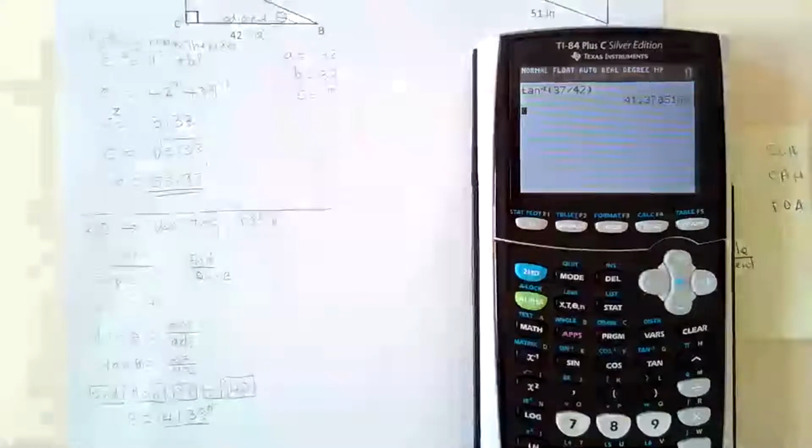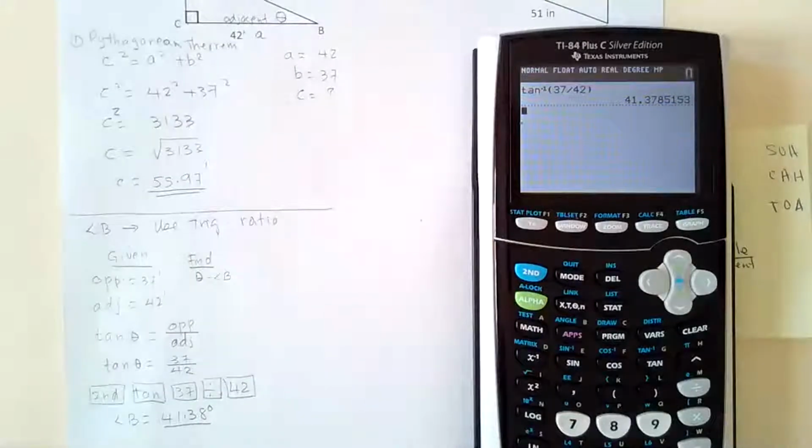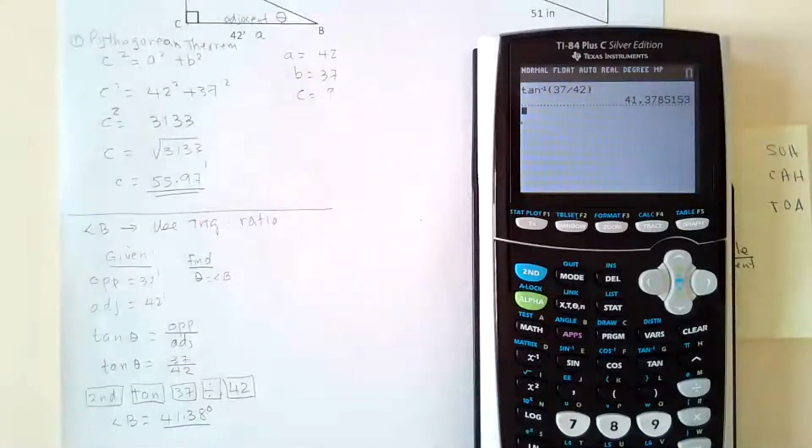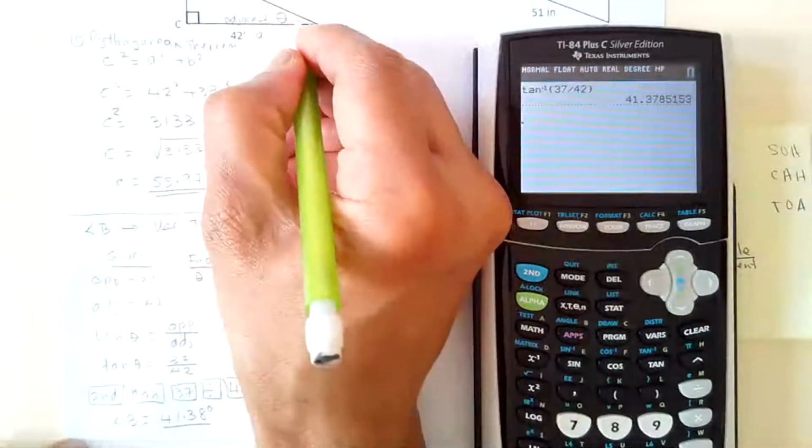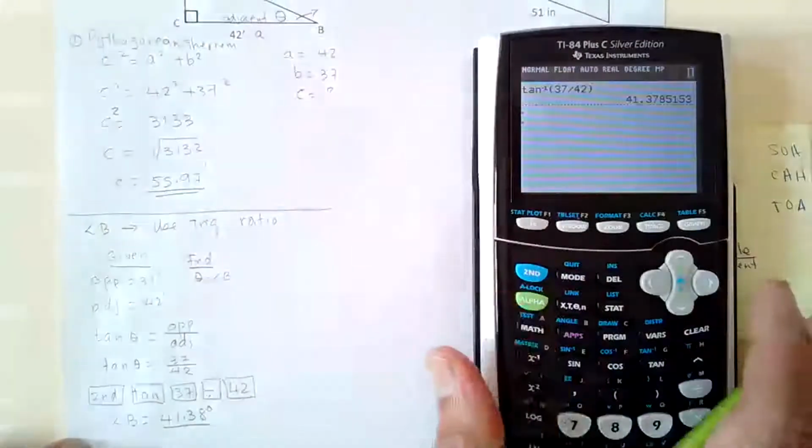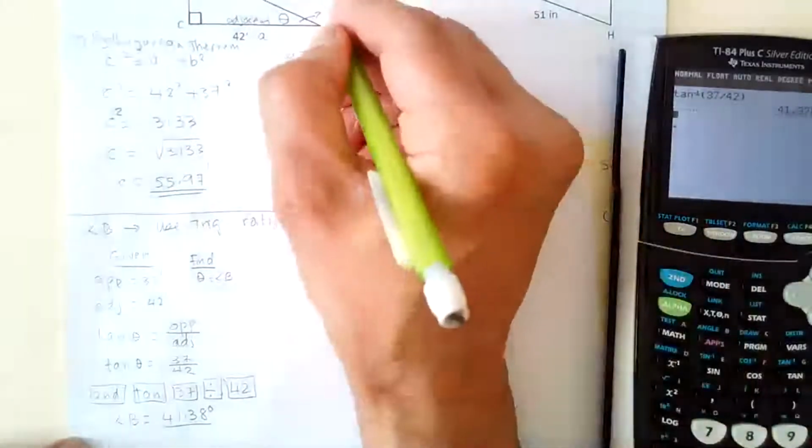Although they ask us to put in nearest degree, I will continue with 2 decimal places because in applied math, the reference is 2 decimal places. So this theta now, we conclude, is 41.38 degrees.